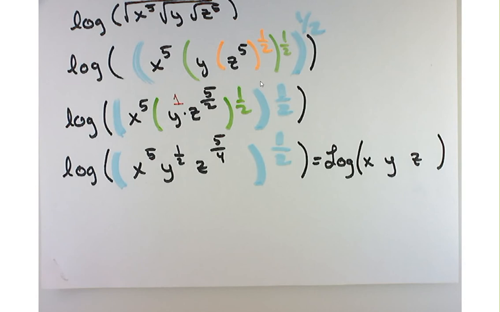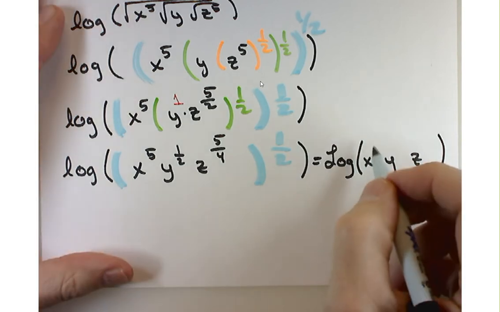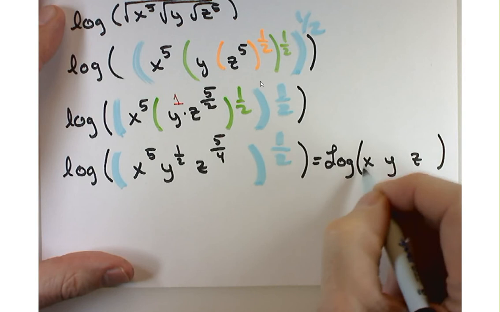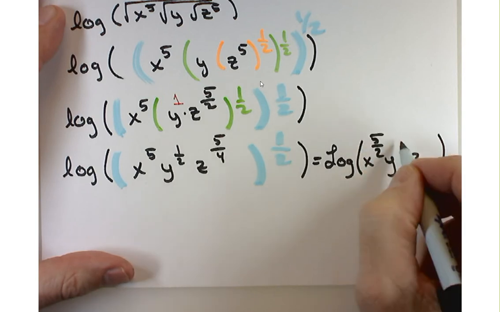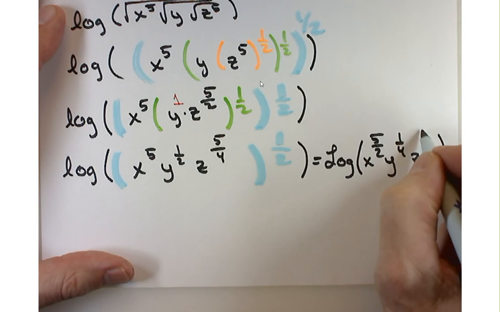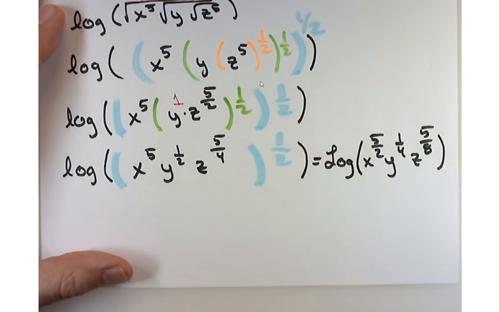Multiply each of those exponents by 1/2. Robert, what's that going to be up here? 5 over 2, y to the 1 over 4, and z to the 5 over 8. Nice, perfect.